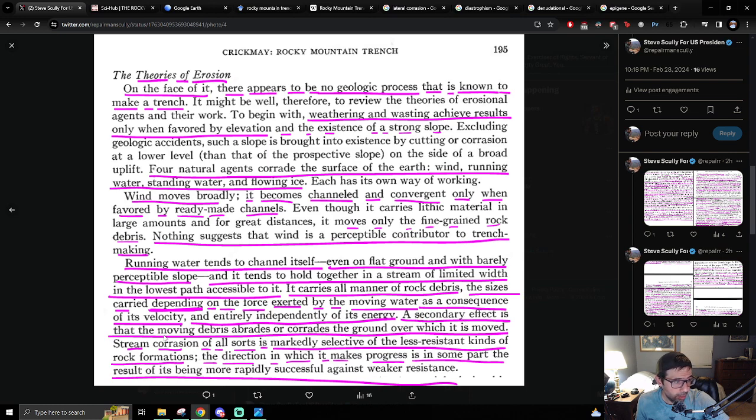A secondary effect is that the moving debris, stream corrosion of all sorts, is markedly selective of the less resistant kinds of rock formations. Less resistant kinds.